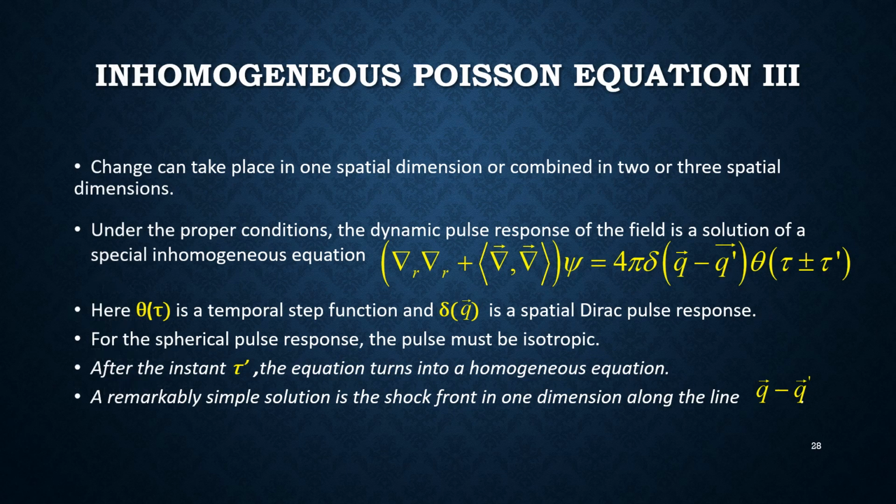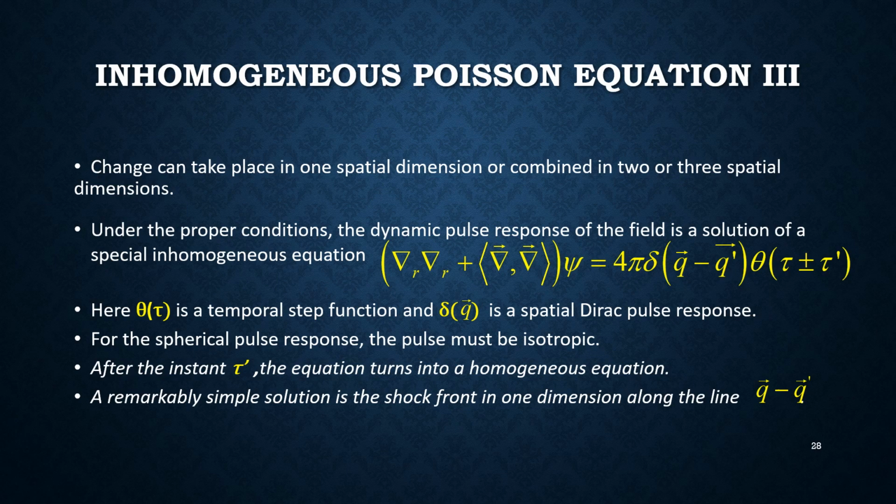Change can take place in one spatial dimension or combined in two or three spatial dimensions. Under the proper conditions, the dynamic pulse response of the field is a solution of a special inhomogeneous equation. Here theta, tau, is a temporal step function and delta, spatial q, is a spatial Dirac pulse response.